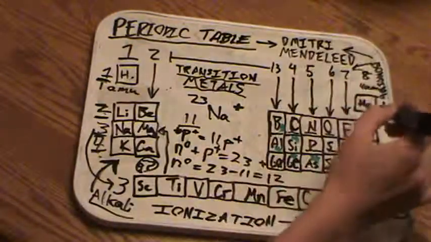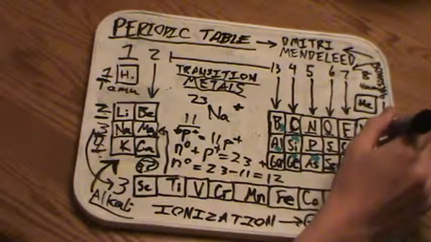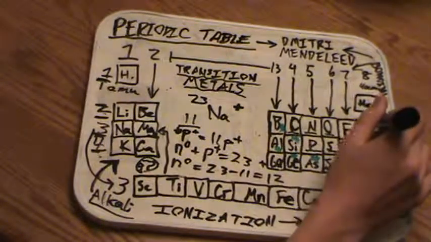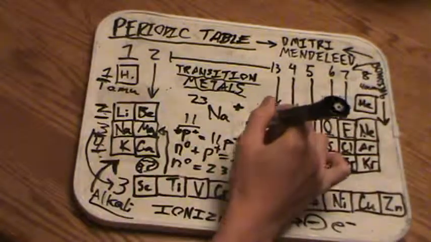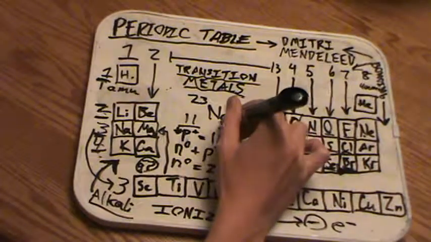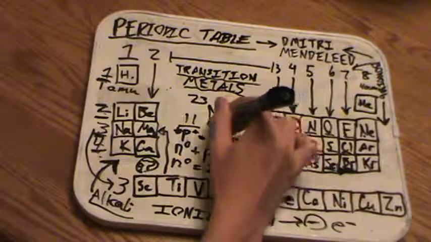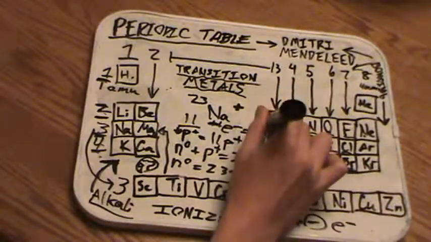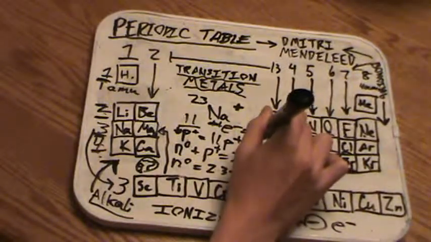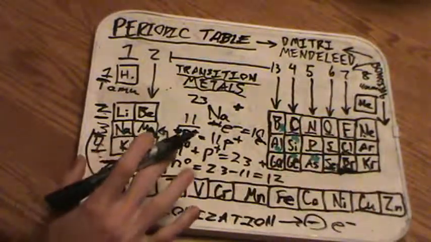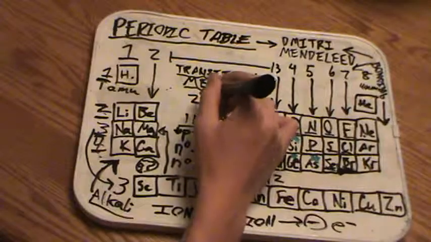Now it has the same outer shell electron configuration as neon, as this stable noble gas. And so it had 11 electrons, it lost one, now it has 10 electrons.